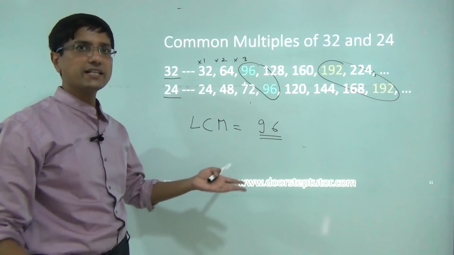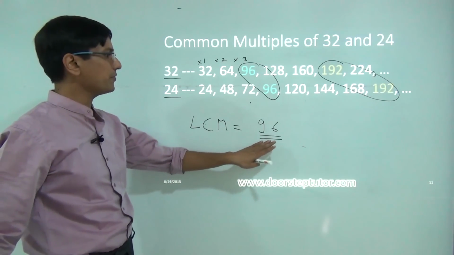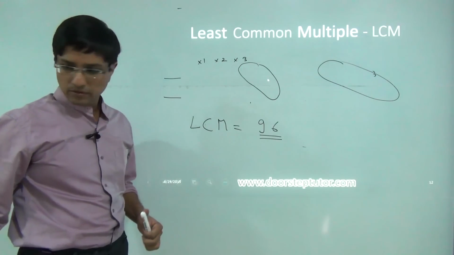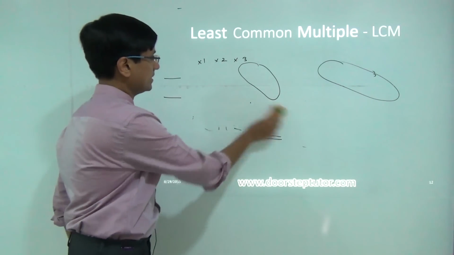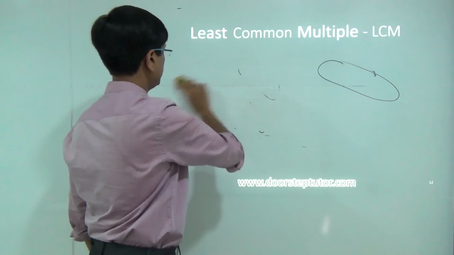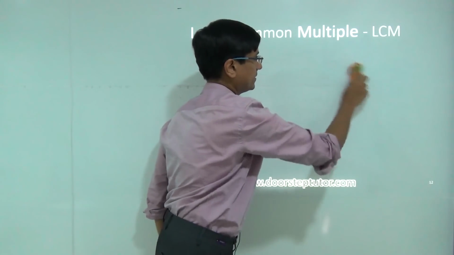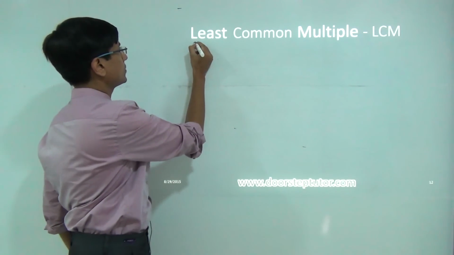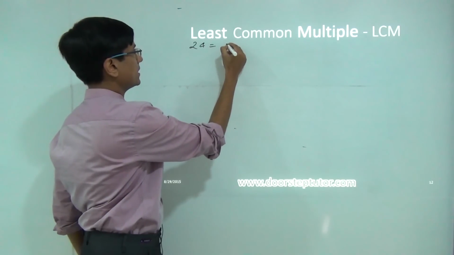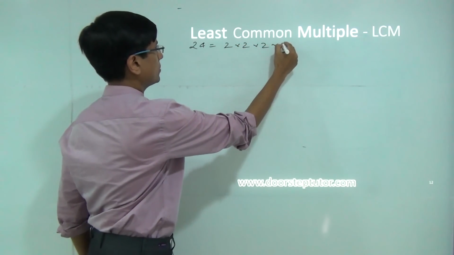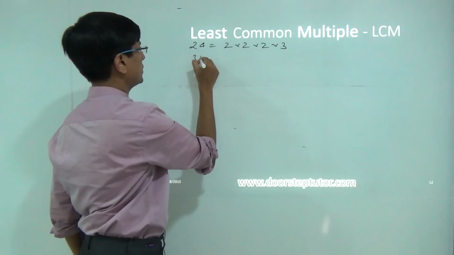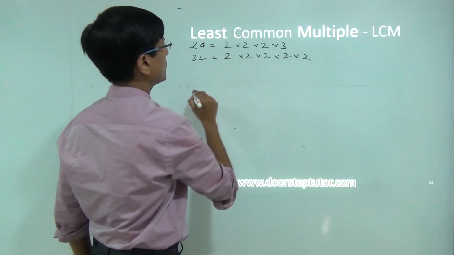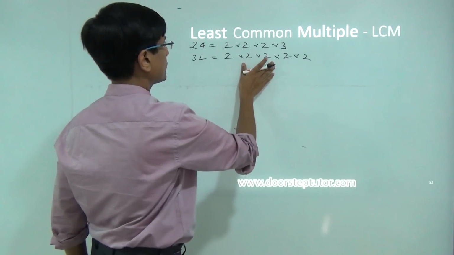Now we are going to formalize this a little more. We are going to come up with a formal method of finding the LCM. So what would that be? Again, I have to write down the factors. This is the basic thing. So 24 can be written as 2 into 2 into 2 into 3, and 32 can be written as 2 into 2 into 2 into 2 into 2.